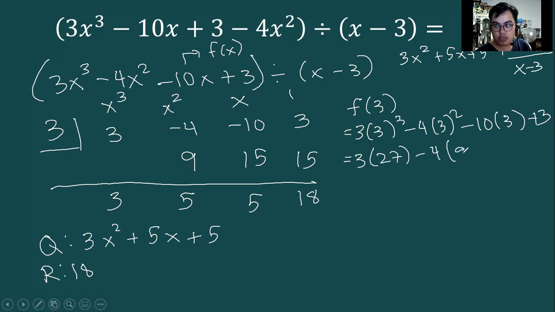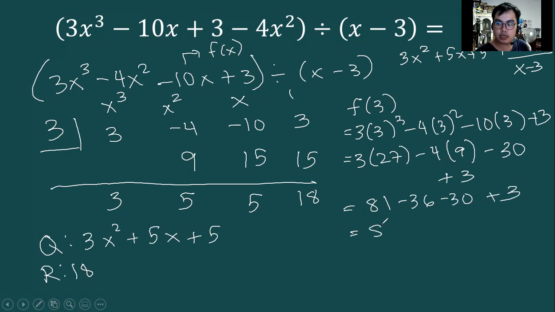Then 3 squared will become 9. Then 10 times 3 will become 30 plus 3. So 3 times 27 will become 81 minus 36 minus 30 plus 3. So we're going to simplify. Voila. So our f of 3 is 18. So this is your remainder.